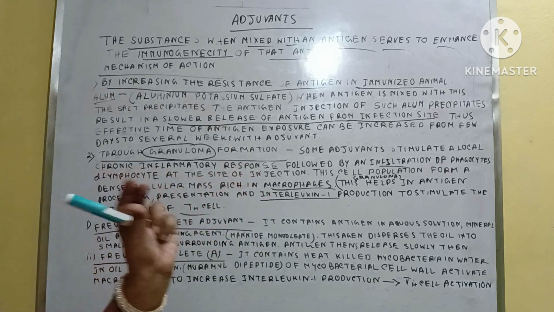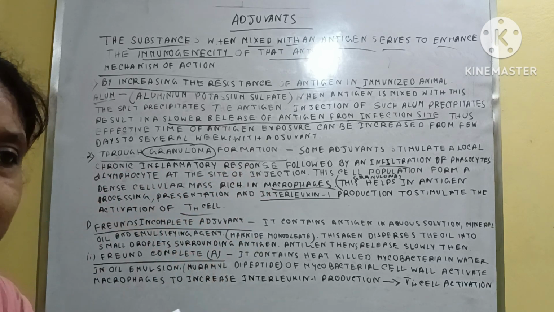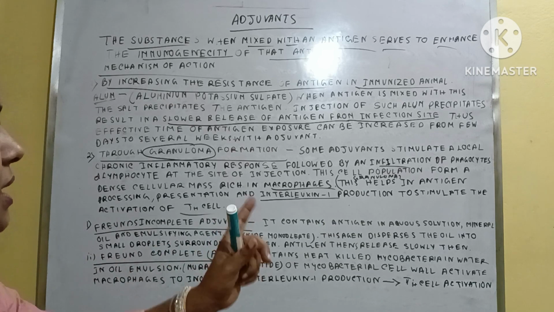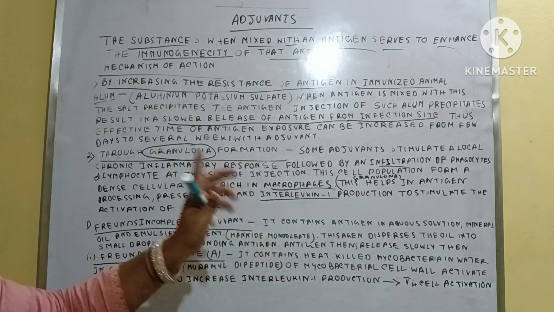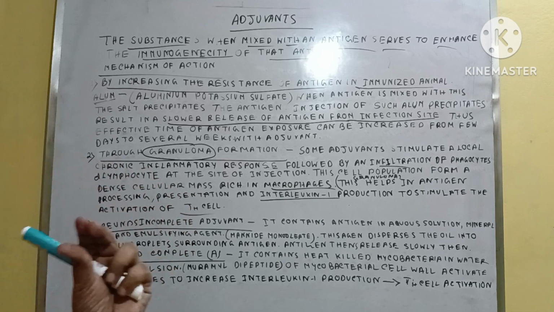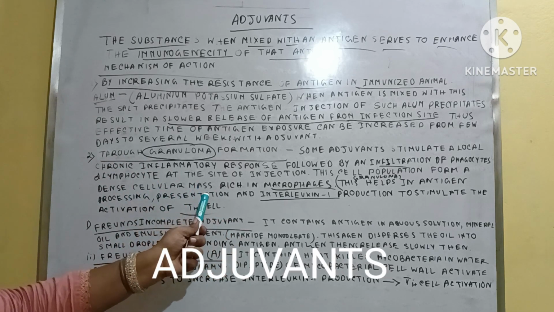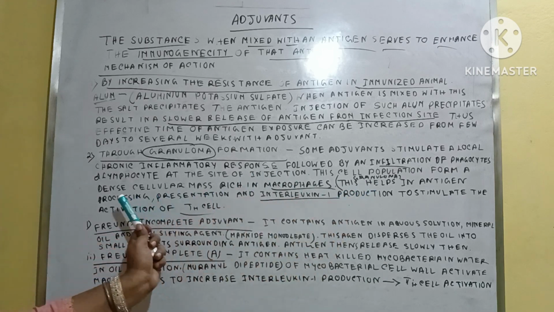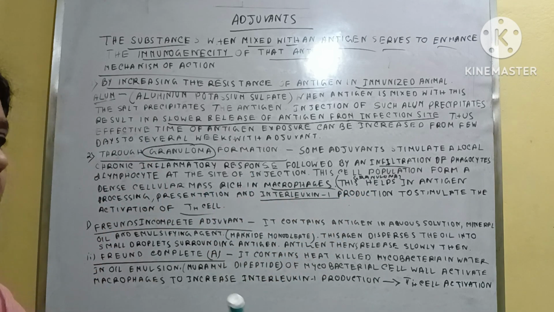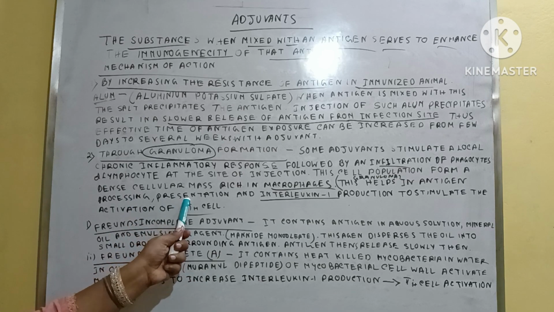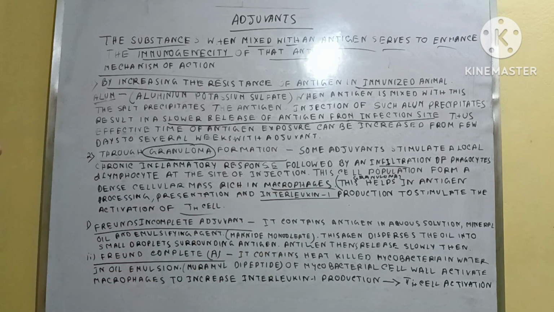One is forming the swelling at the injection site, which is needed for antigen presentation, antigen processing, and recognition of the antigen, and it is a cell mass containing macrophages.